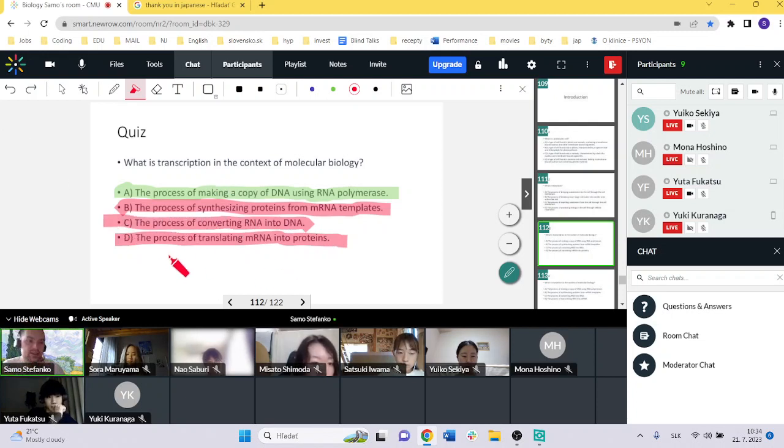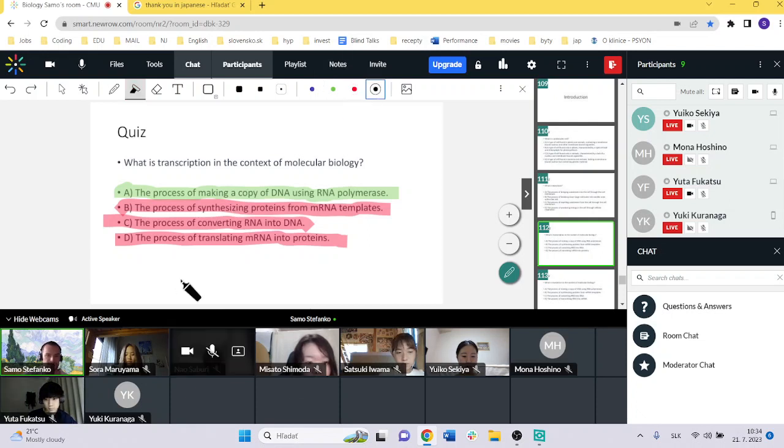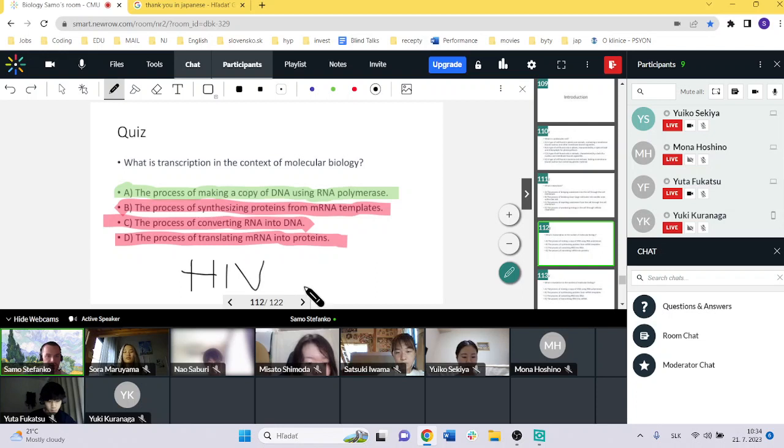Nevertheless, something like the process of converting RNA into DNA exists, and we call it reverse transcription. So, transcription in the opposite direction. However, only a few organisms are able to do it, and one of them is the HIV virus.